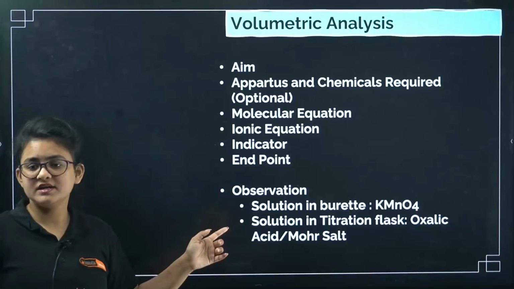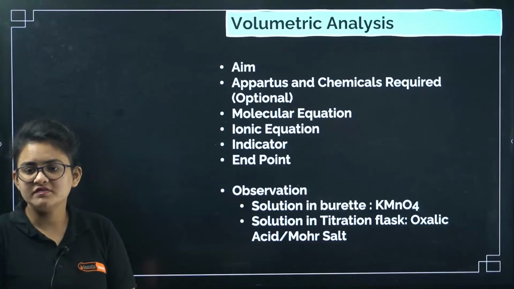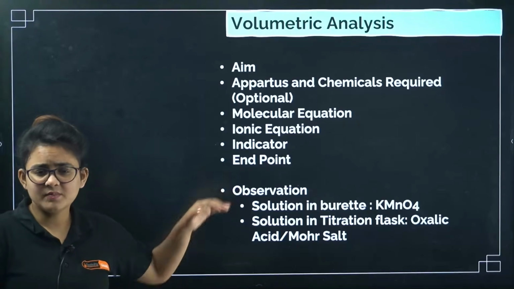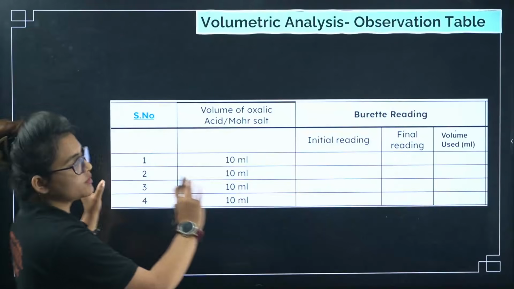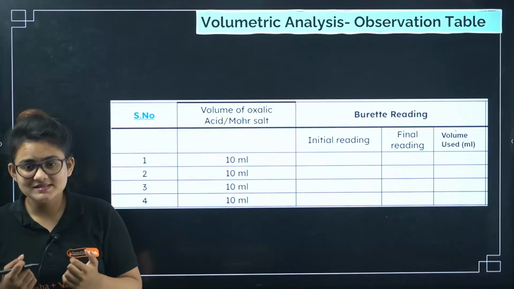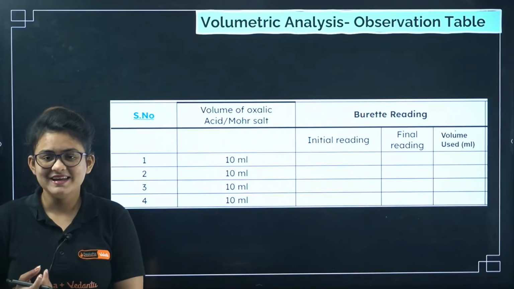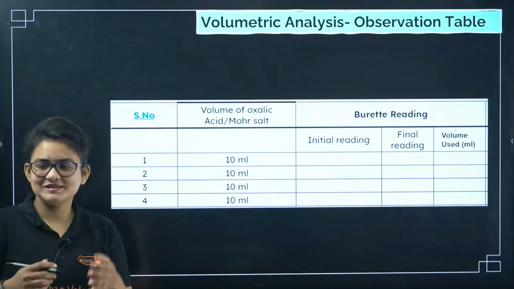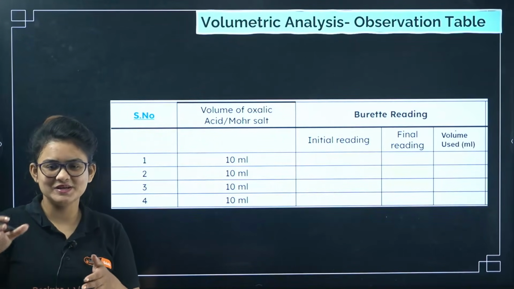In the observation part, definitely write the solution in the burette, that is KMnO4, and the solution in the titration flask, that is oxalic acid versus Mohr's salt. These are the parts of your observation. Next, here you can see a proper table. Please make sure you carry your own pencil, eraser, scale and pen. I have seen so many students there literally asking someone else for a pen, pencil, eraser and many other things.